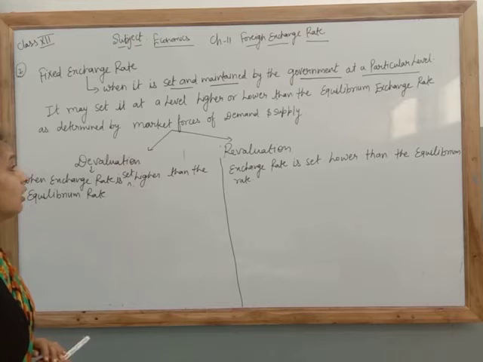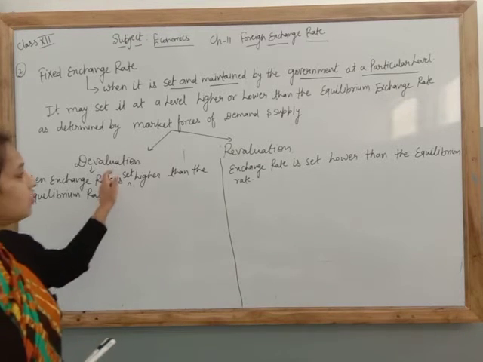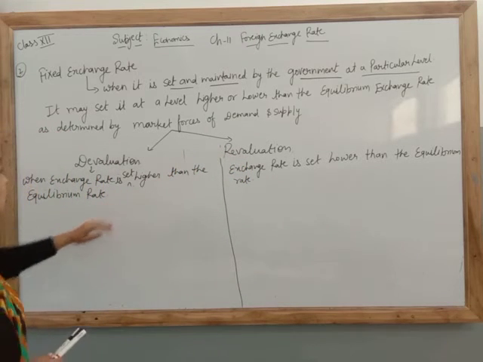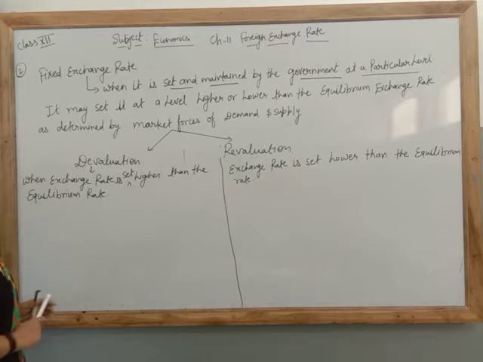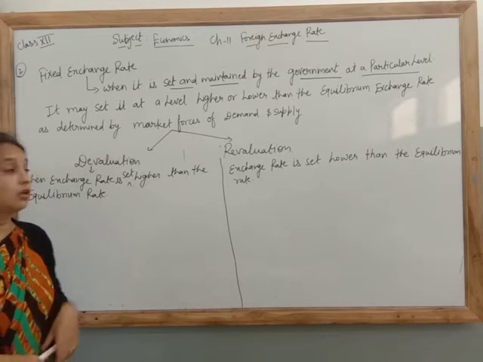Clear? Now, there are again two types of fixed exchange rate, that is devaluation and revaluation. In devaluation, the exchange rate is set higher than the equilibrium rate by the government.